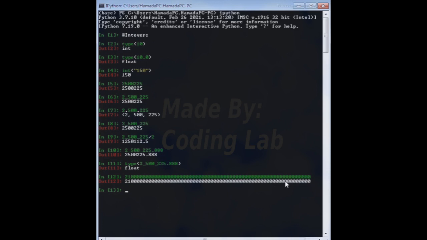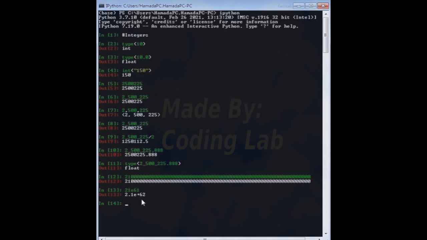So we use something called exponential notation. Exponential notation here is, for example, this is 21 with 61 zeros, means 10 to the power 61.